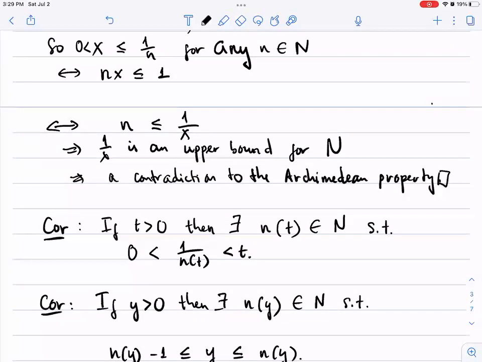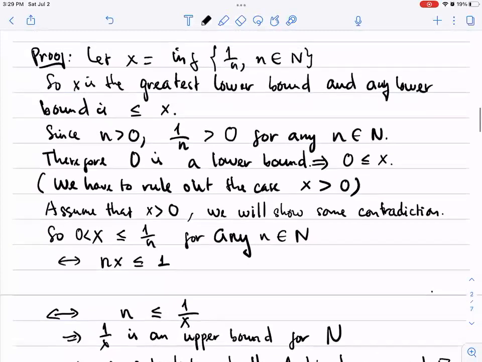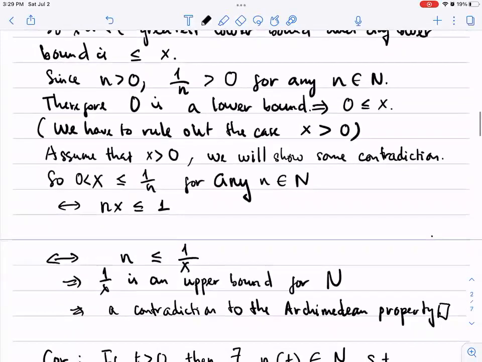But remember, the set of all natural numbers doesn't have any upper bound. That is the Archimedean property. So the statement we just obtained here is a contradiction to the Archimedean property. That's why the assumption that x is greater than 0 must be false, since 0 must be smaller than or equal to x, and x is not bigger than 0.